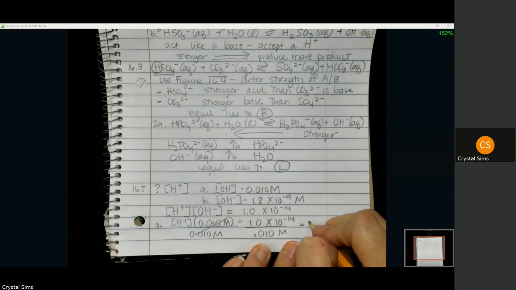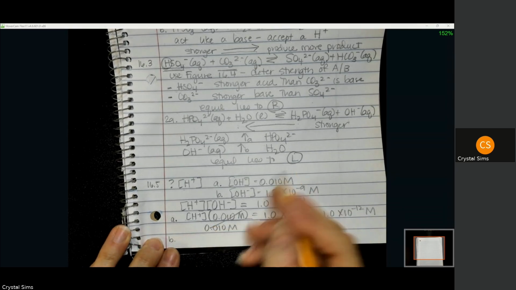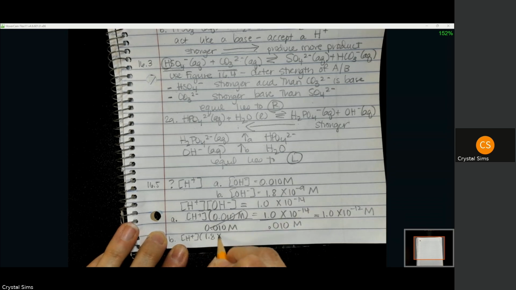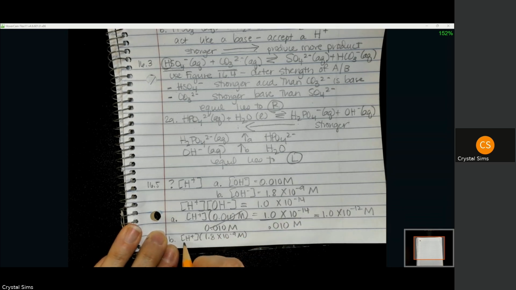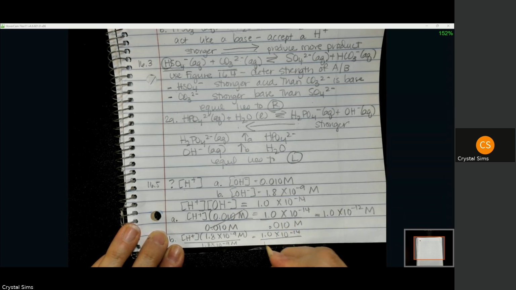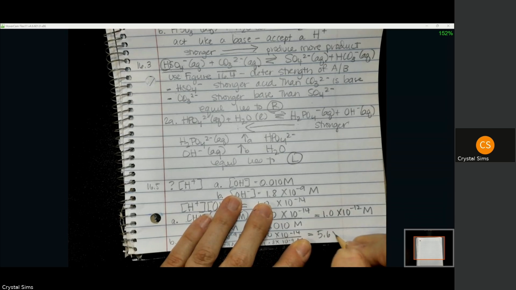And for this first one, I end up with 1.0 times 10 to the negative 12. And for the second one, I'm going to do the same thing. And that one comes out to be 5.6 times 10 to the negative 6 molar.